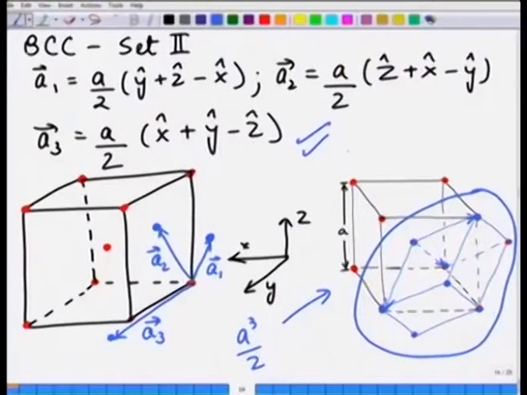Okay, so now I have shown you this BCC primitive cell, the set of 2 vectors right here, and the structure of it. Please try drawing it yourself, because it does not quite look so nice, but nonetheless, believe me, it is a proper BCC cell. It does not show BCC symmetry, which is why BCC is always drawn in some different way, but it is always possible to make a primitive cell like this.